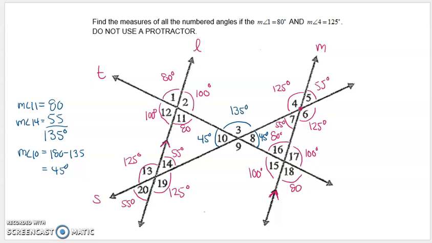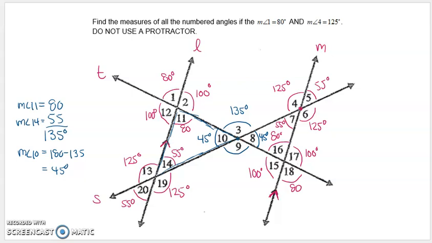And then for the measure of angle 9, I'm going to do this a different way. The measure of angle 9 would be an exterior angle for the triangle containing 11, 14, and 10. The exterior angle theorem says that the exterior angle equals the sum of the non-adjacent interior angles.